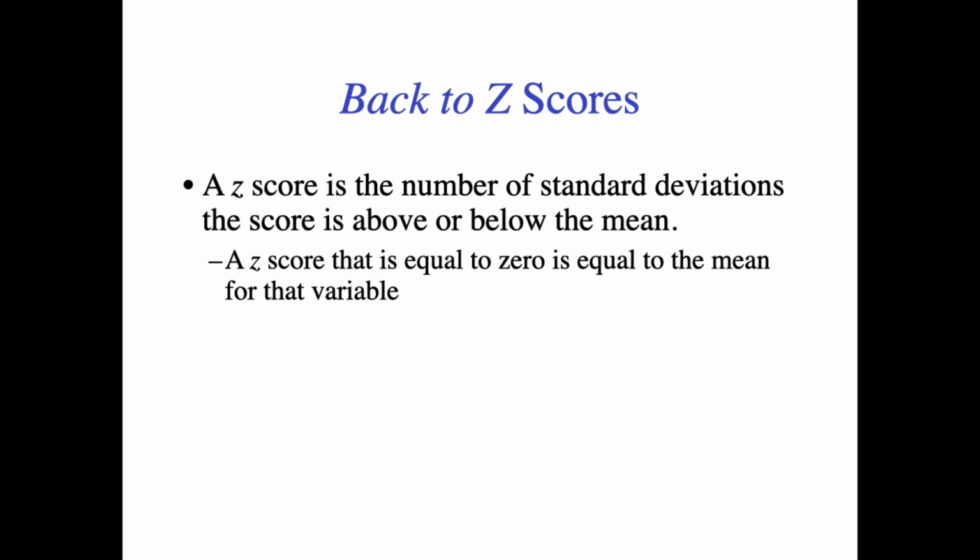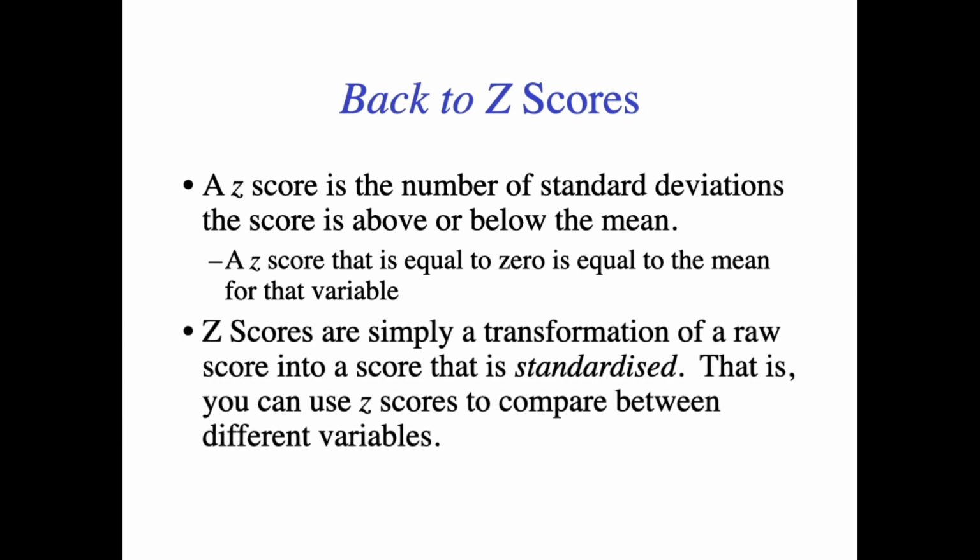It is exactly at the mean. So z-scores are simply a transformation of a raw score into a score that is standardized. That is, once you've converted this into a z-score, you can now use z-scores to compare between different variables because they're all in the same standard deviation units.